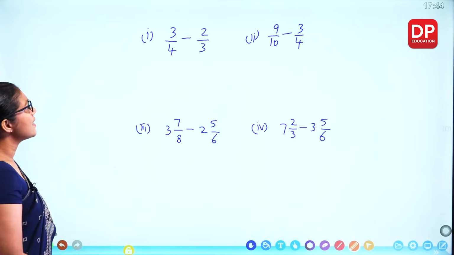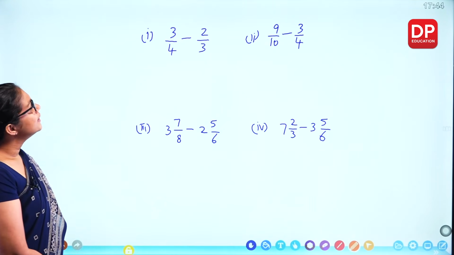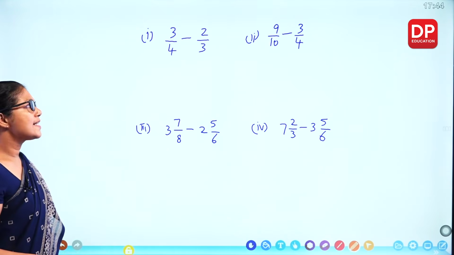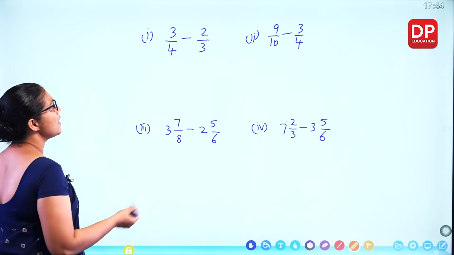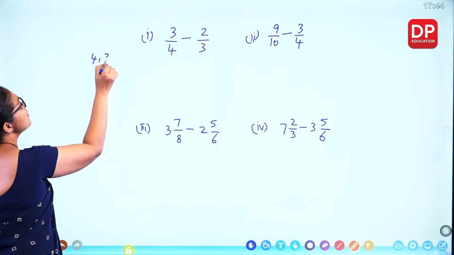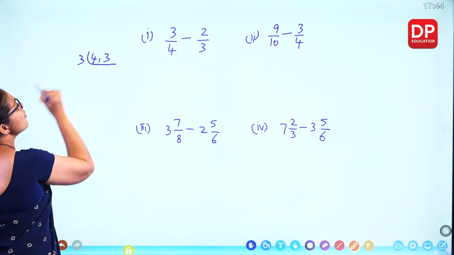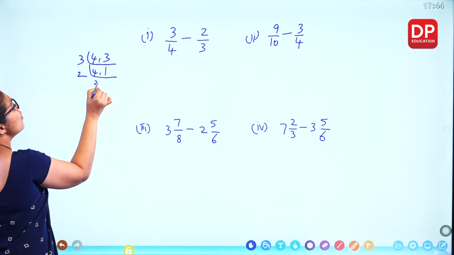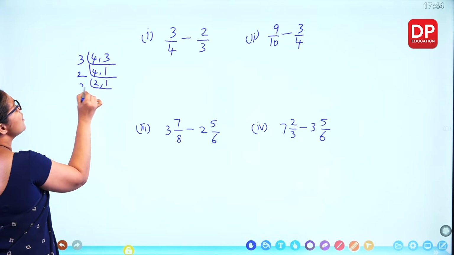So now we'll take some more examples. So here, in this case, denominators are different. So here, you can find out the common LCM. We'll do it fast now. You can divide by 3, you can divide by 2, you can divide by 2.